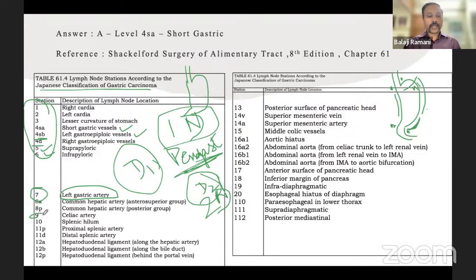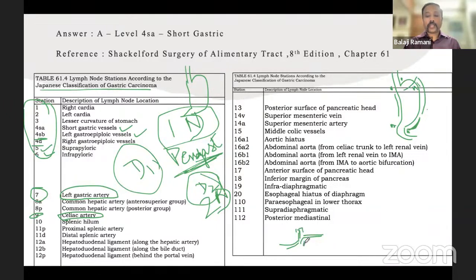Then you remember 9. 9 is going to be your celiac artery, the root. So the celiac vessel starts here, then gives off the splenic on this side, gives off the common hepatic on this side, and then goes anteriorly as the left gastric.